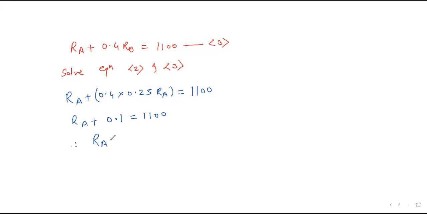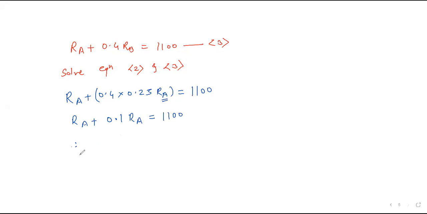Therefore Ra is equal to, tell me what it comes to now. Sir, do we need 0.1 Ra? Yes, that is correct. Here it is 0.1 Ra, because there is Ra here. So this multiplication is 0.1 Ra, and for Ra it is as it is, and 1100.